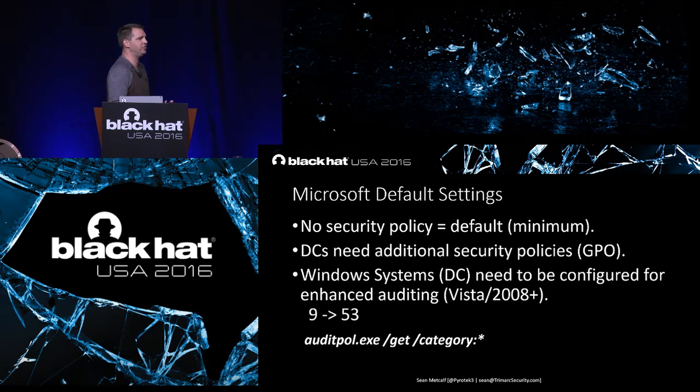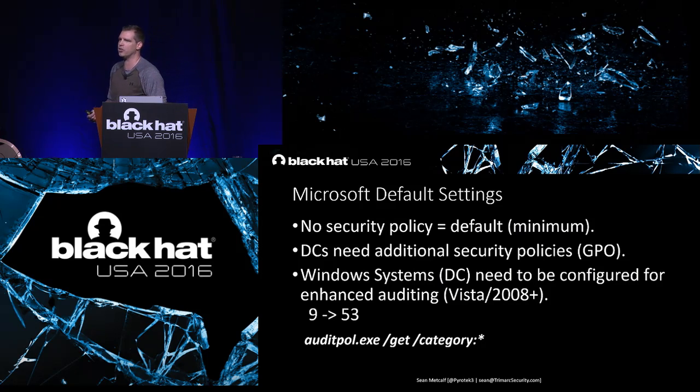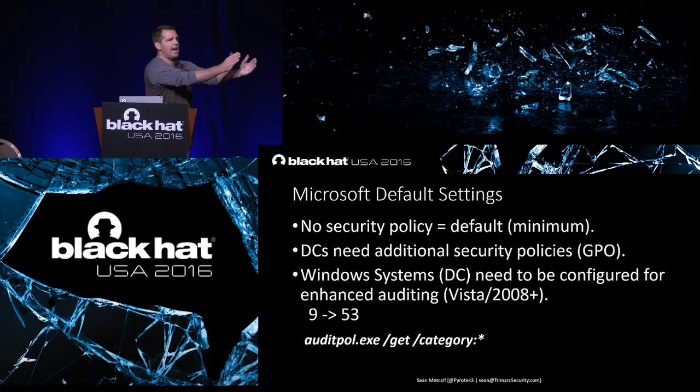Domain controllers need these security policies because your Active Directory security's baseline is based off of your domain controller security posture. And if you haven't configured enhanced auditing or subcategory auditing, you really want to do that at least on your domain controllers, if not on everything, because it goes from 9 categories of auditing to 53 categories of auditing. And you'll get a lot more granular information about what's going on in your environment.